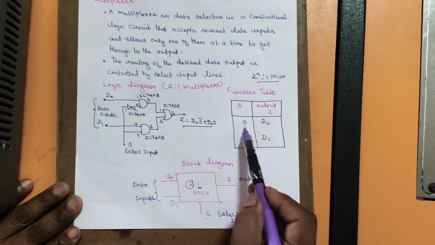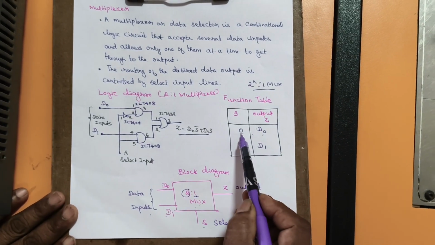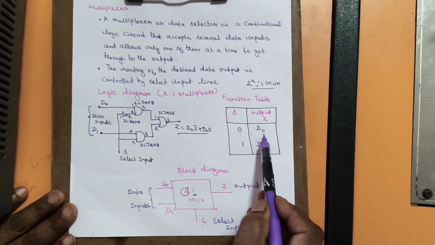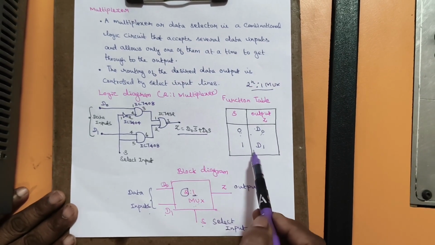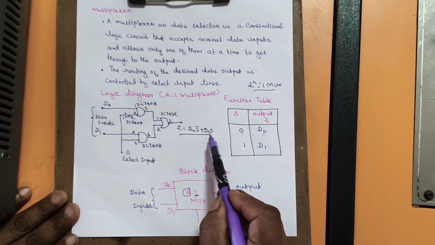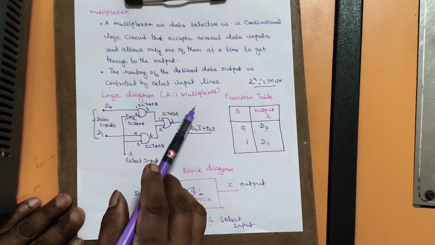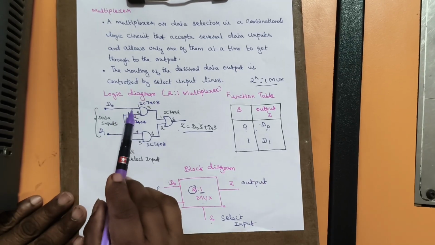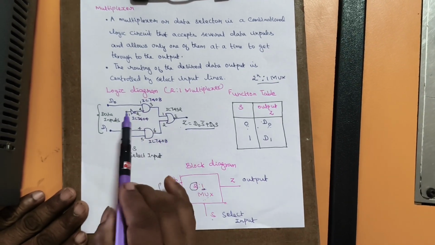You see here S is equal to 0 and the output is D0. So 0 is taken as S bar and it should be multiplied with D0, that is the min term for this. Similarly, here S is equal to 1 and this is D1, so this is D1 into S. Using this Boolean expression, we can implement a 2:1 multiplexer like this. Here we have two AND gates and one OR gate.